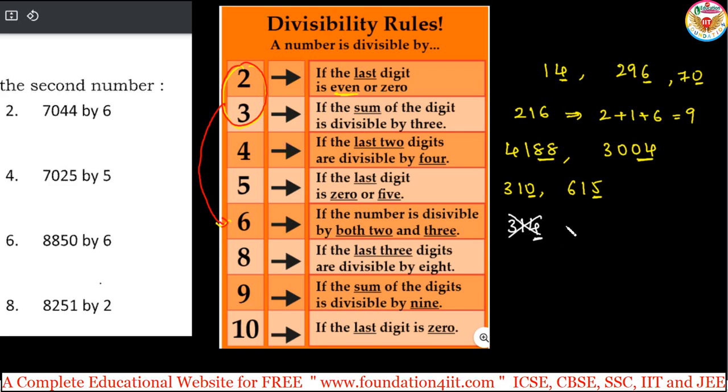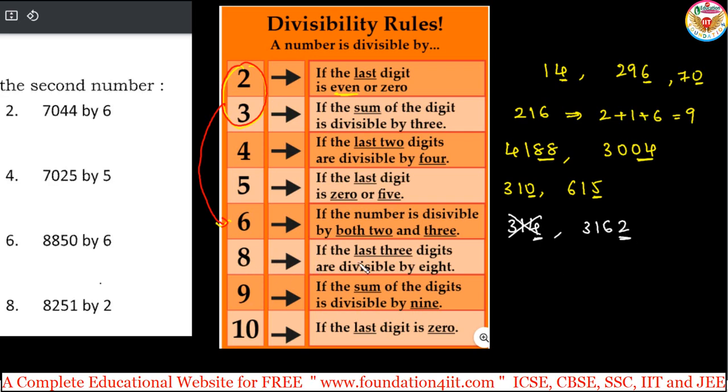So this is not divisible by 6. Okay, 316, 3 plus 1 plus 6 is 10. You're not getting it. So if you take 3162, the last is 2, it's divisible by 2. 3 plus 1 plus 6 plus 2 is 12. It is divisible by 3. So it's divisible by 6.